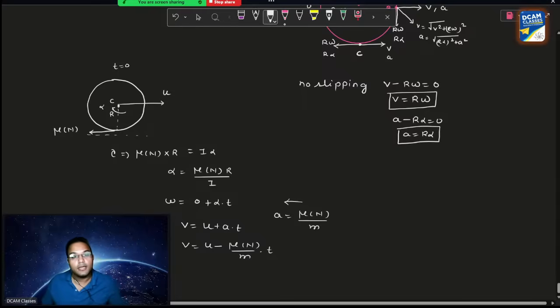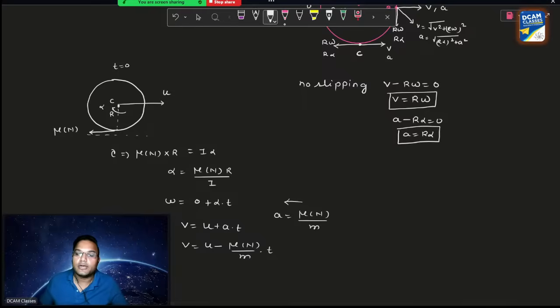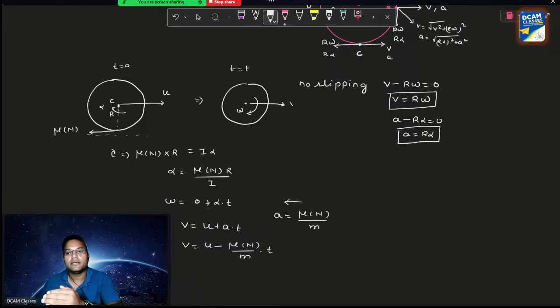Now, after time t, what is the situation? This started rotating also, because it has got angular velocity omega. Its velocity has reduced a bit. Its velocity has become v.